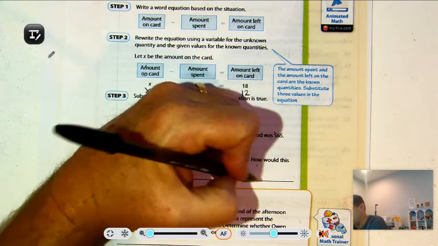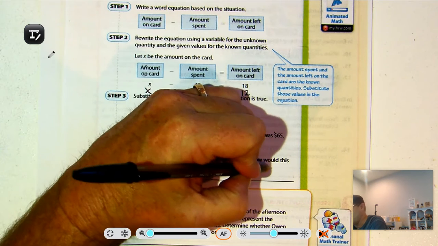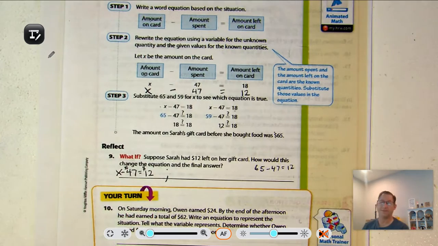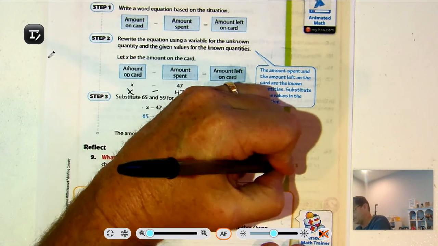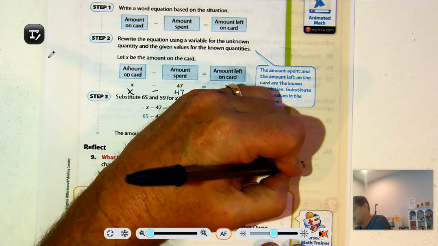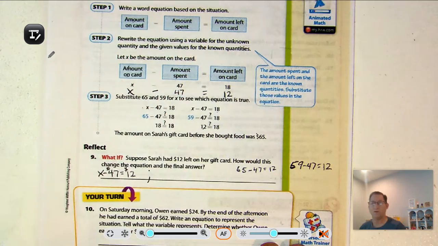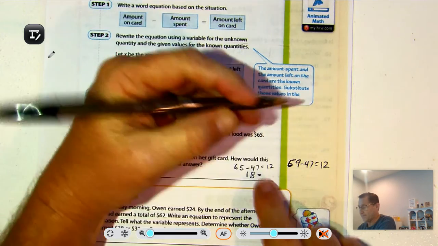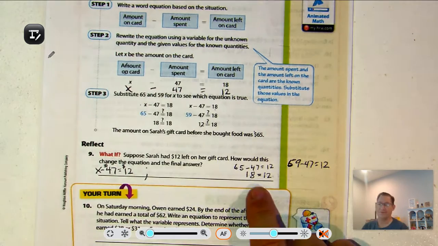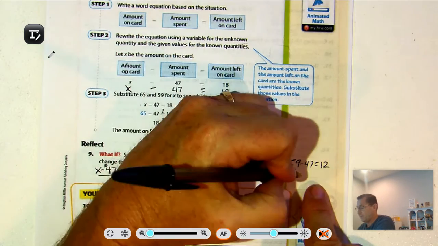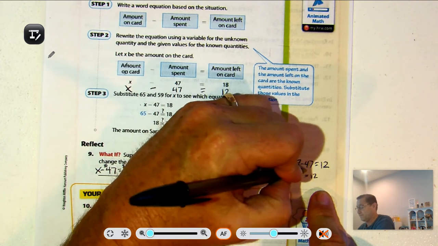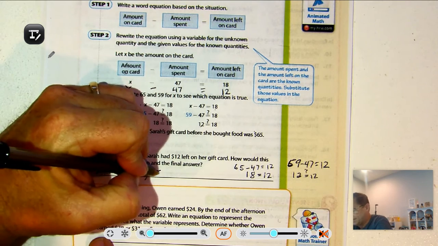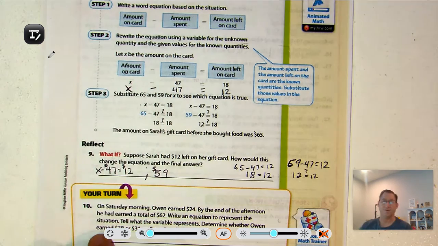Well, let's plug in our numbers. 65 minus 47. And we have to see if it equals 12. Or 59 minus 47. Does that equal 12? Well, again, we already know 65 minus 47 is 18. So that's not correct. 59 take away 47, that's 12. Okay. So in this case, it would be $59.